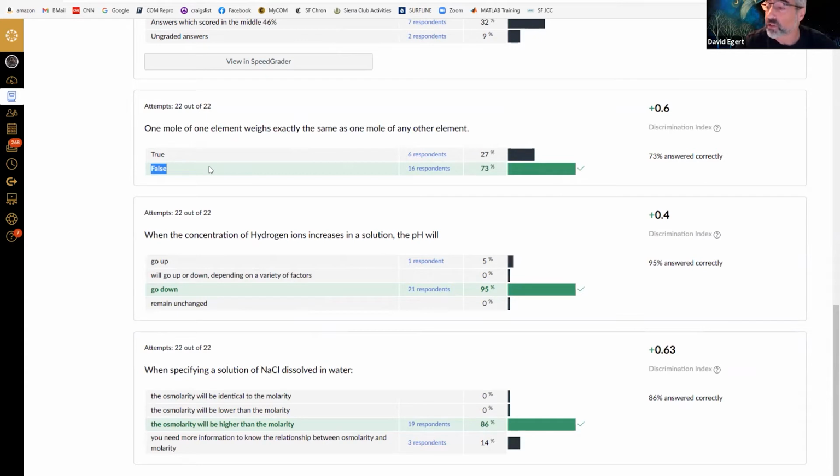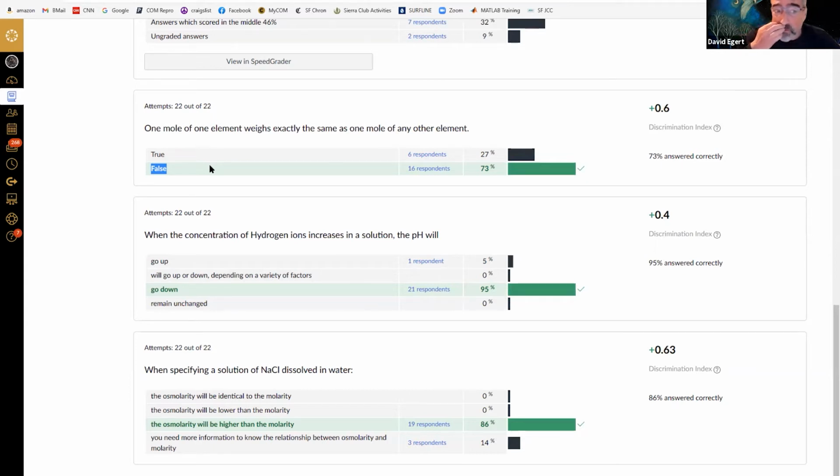A mole is just the amount of atoms or molecules. It's 6 times 10 to the 23rd atoms or molecules. Again, a number, like a dozen eggs. If I had a dozen bowling balls, that would weigh a lot more than a dozen pom-poms. It's the same thing. A mole of helium floats, and a mole of iron definitely does not float.